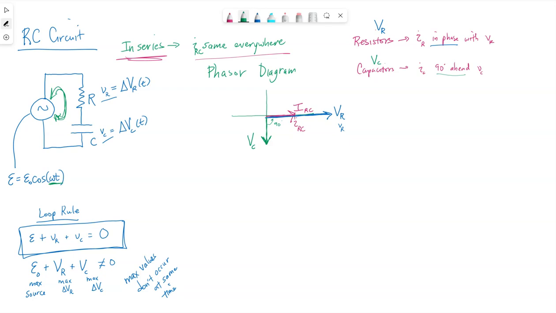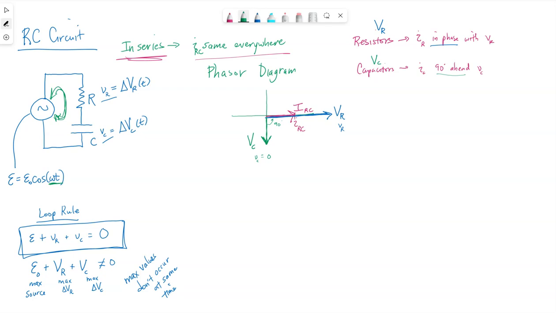At this exact moment in time, though, the resistor's voltage is maximum. The capacitor's voltage at this moment would be 0 because there is no x component of this vector.